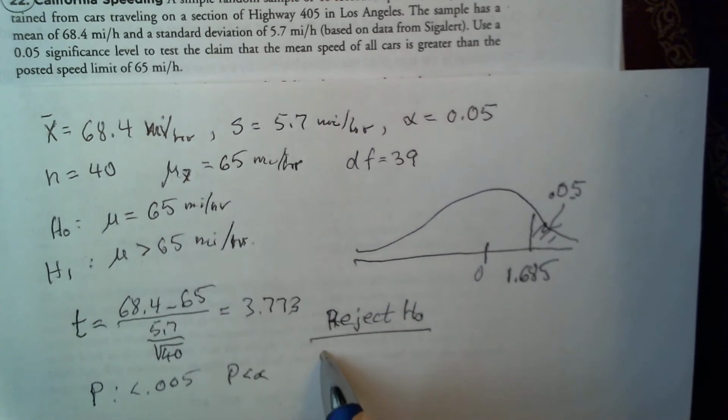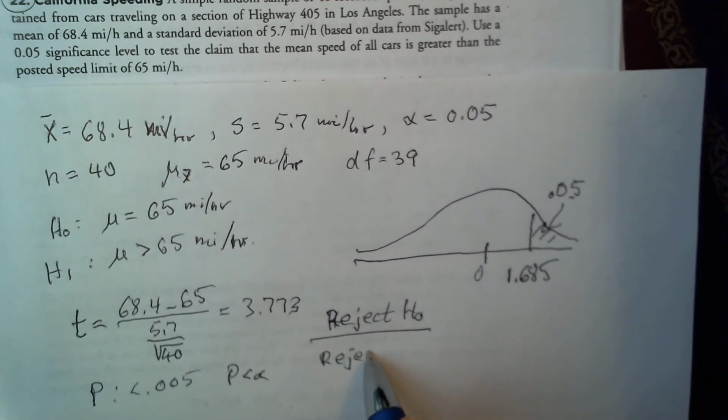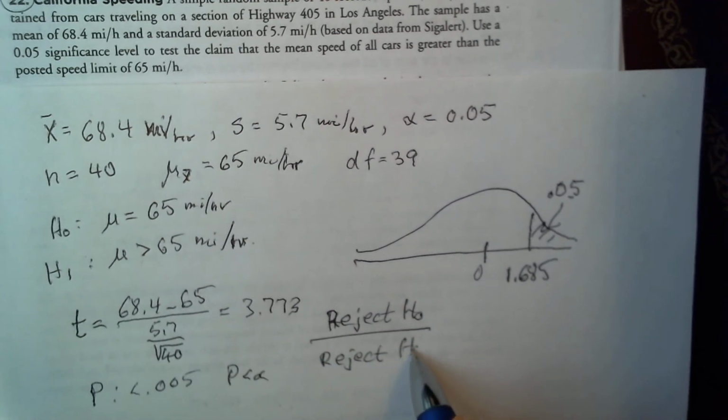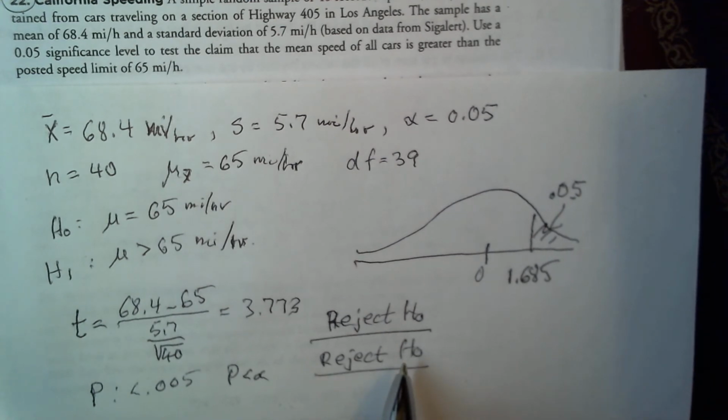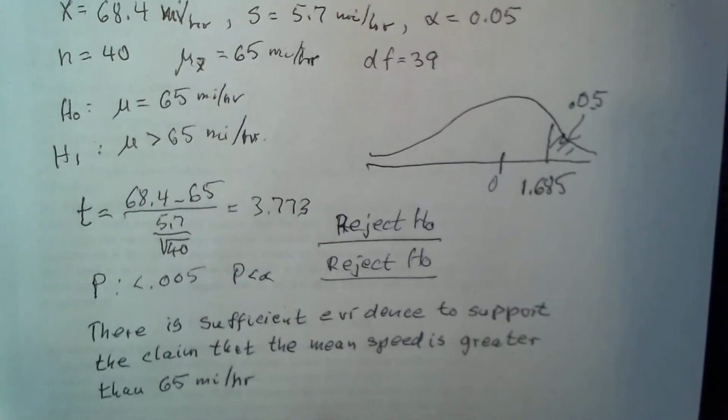So that again leads us to reject the null hypothesis. And the conclusion is that there's sufficient evidence to support the claim that the mean speed is greater than 65 miles per hour. So again, in summary, there is sufficient evidence to support the claim that the mean speed is greater than 65 miles per hour.